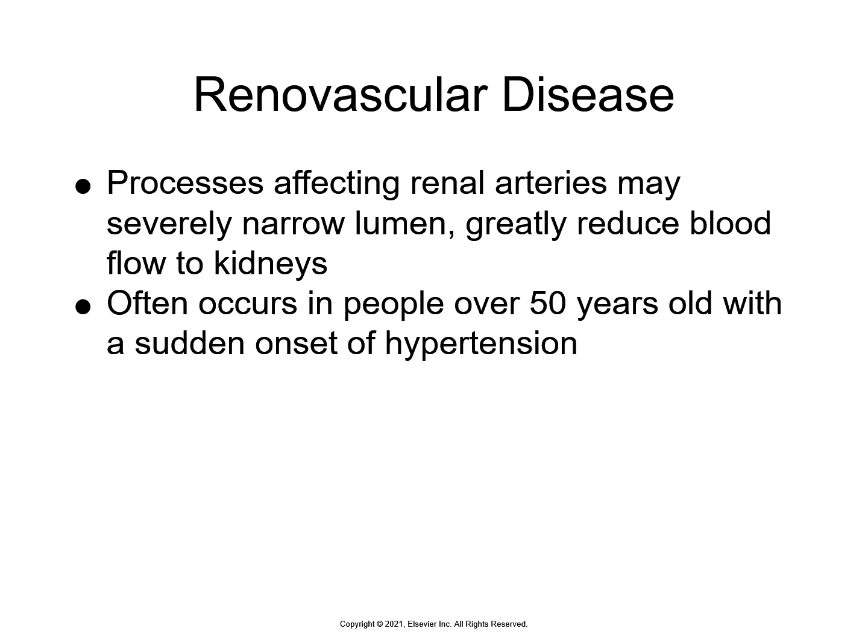It causes the kidney to atrophy. It leads to severe impairment of urinary elimination, fluid and electrolyte balance, and acid-base balance. And you may see people who are over 50 years of age who've never had hypertension suddenly develop hypertension.